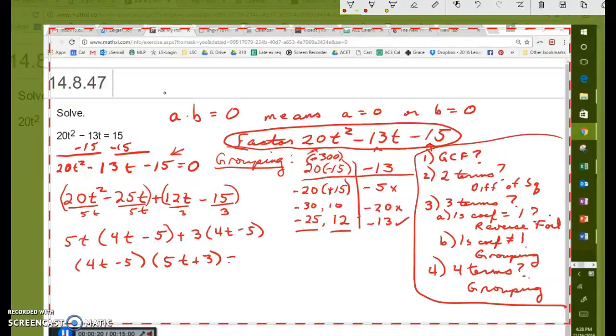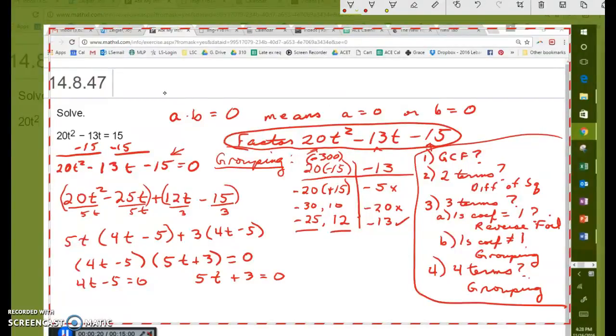So we're going to set this equal to 0. And remember our zero factor property that says, if we have two things multiplied together, and they equal 0, then that means that the first one equals 0, or the second one equals 0, or the third one, if you have a third one. We only have 2 here.